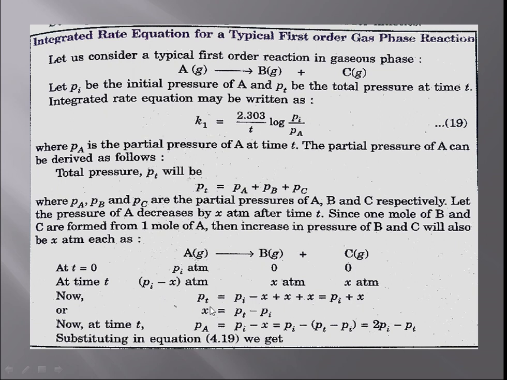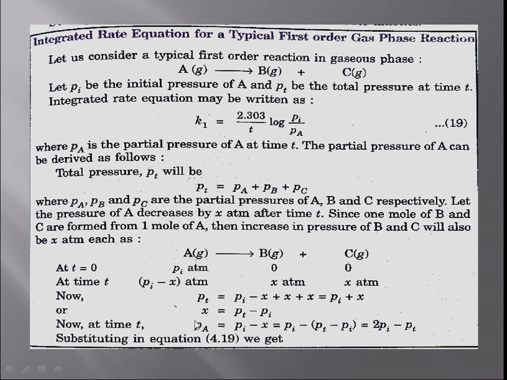So now the total pressure will be Pi minus x, plus x, plus x. So overall Pt is equal to Pi plus x. So x is equal to Pt minus Pi.